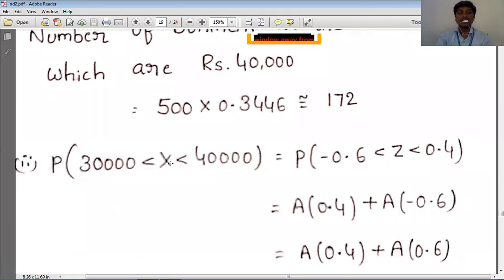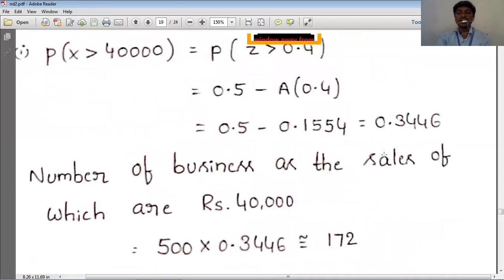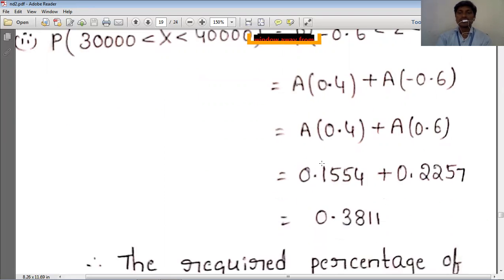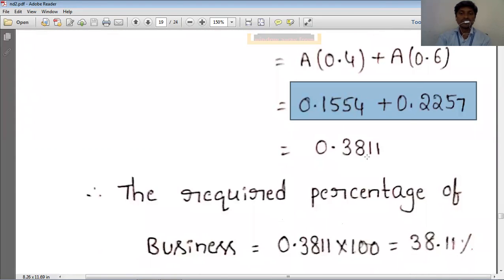And the second one, for 30,000 we got minus 0.6, and for 40,000 we got 0.4. Obviously one is negative and one is positive. Simply due to symmetry we calculate it as positive, and these are the normal distribution values, and by adding them we get 0.3811.